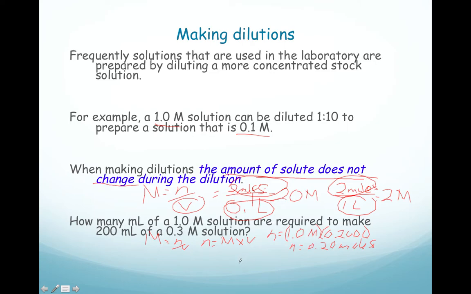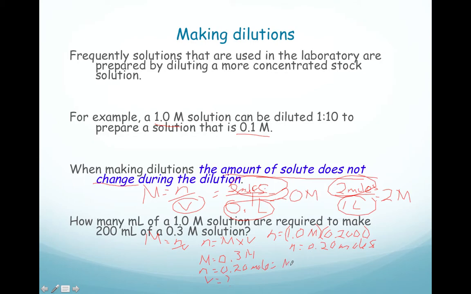So if my solution has to be 0.3 molar and I have 0.20 moles, I know that M is now equal to 0.3, I know n is 0.2 moles, and I'm looking for V.